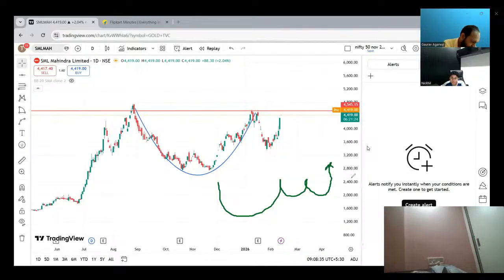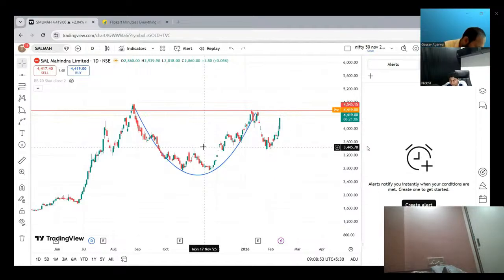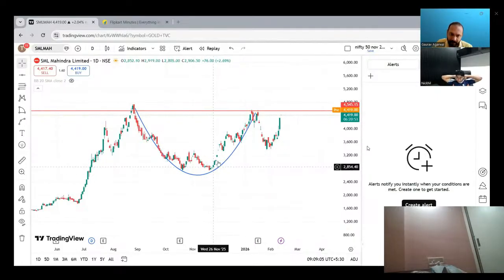So up this, like this, and then I have to go up. Yeah. Okay, so this is one more pattern called rounding bottom, right? Yeah, rounding bottom. So the best part of rounding bottom is that you can take an entry even like here also.